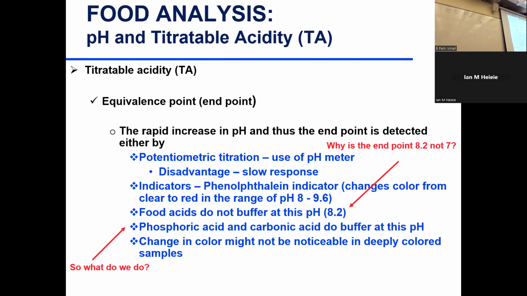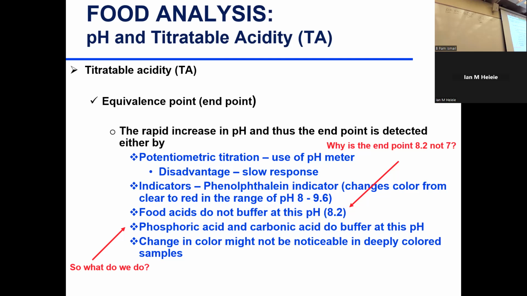Once we get to pH 8.2, we stop the titration. Otherwise, you will be overshooting the titration. So as soon as we get to pH 8.2, we stop the titration.